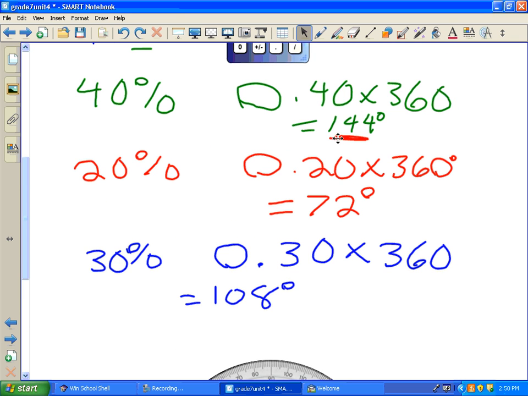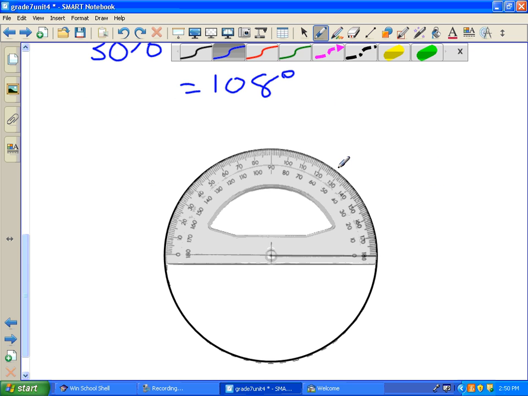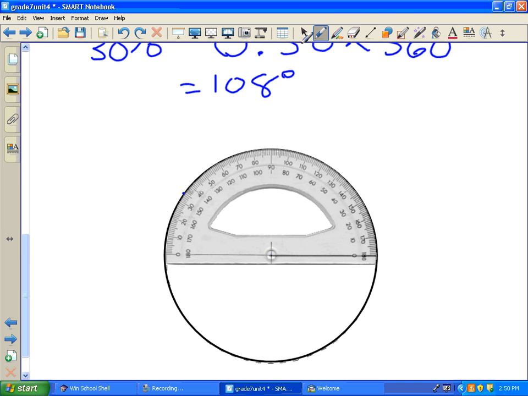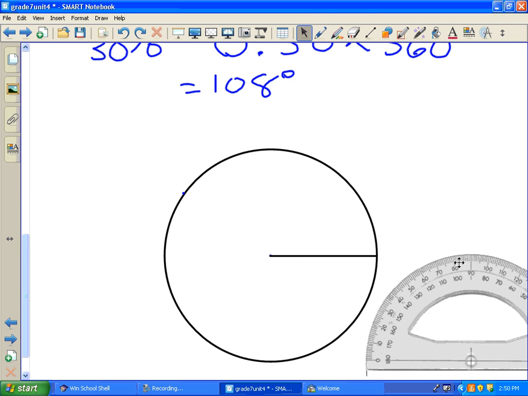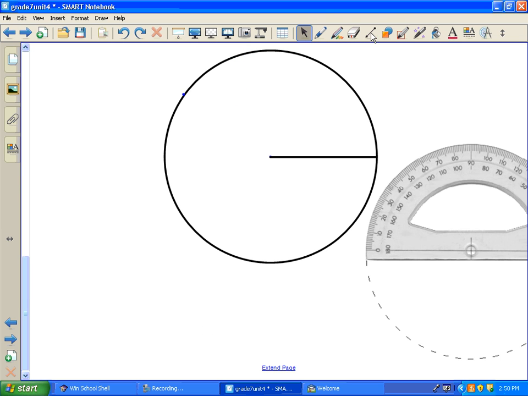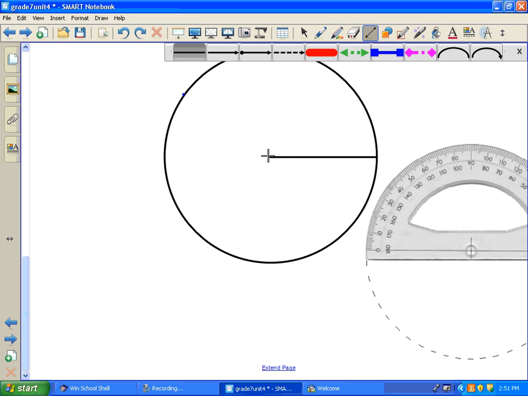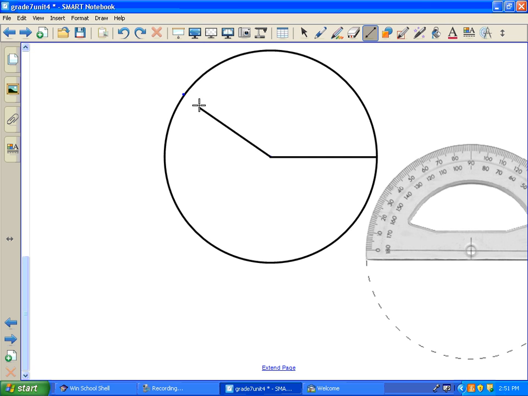144 degrees, which, if I count up, 10, 20, 30, 40, 50, 60, 70, 80, all the way up to 140, 141, 142, 143, 144 is about right there. So now all I've got to do is draw my line from there right to there.